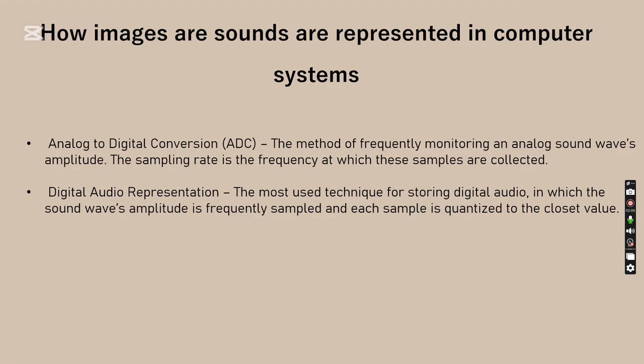The sampling rate is the frequency at which these samples are collected. Digital audio representation, the most used technique for storing digital audio, in which the sound wave's amplitude is frequently sampled and each sample is quantized to the closest value.